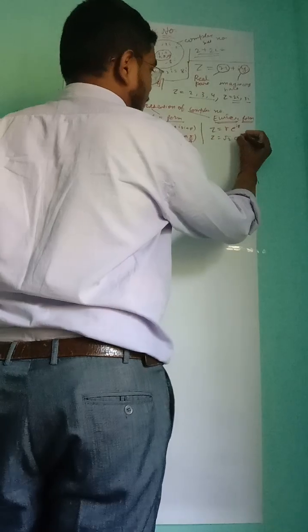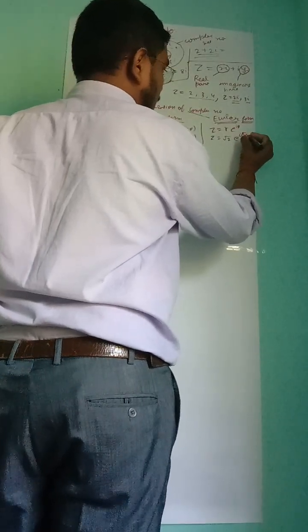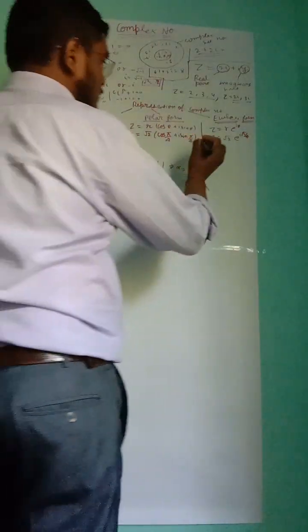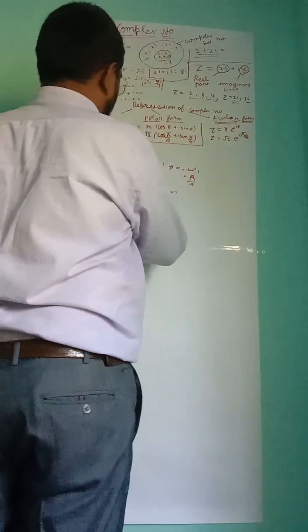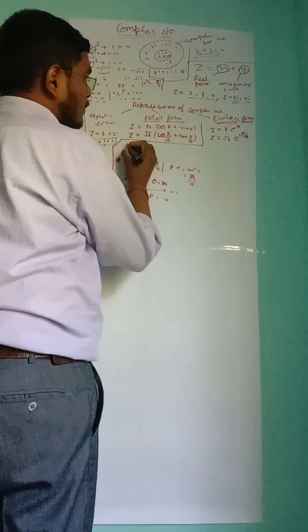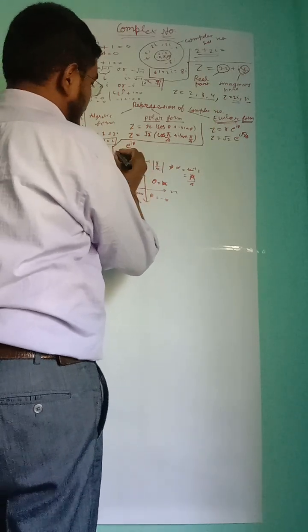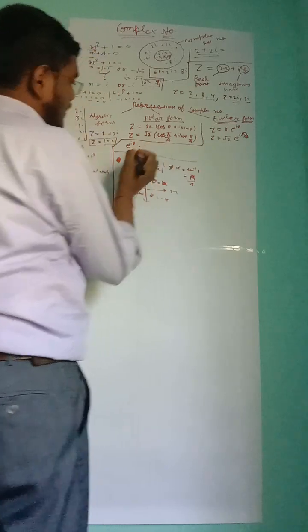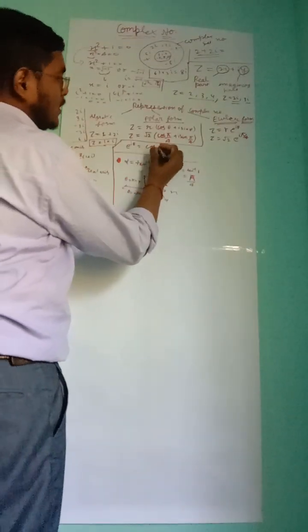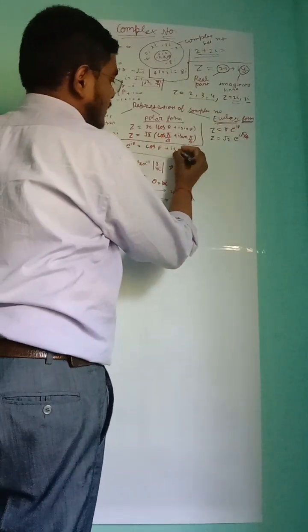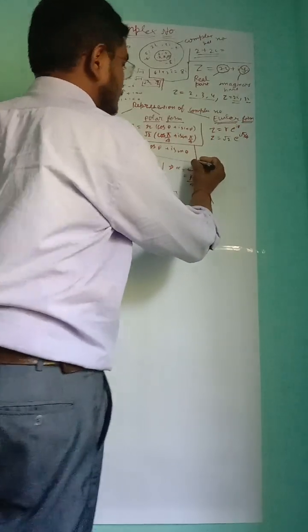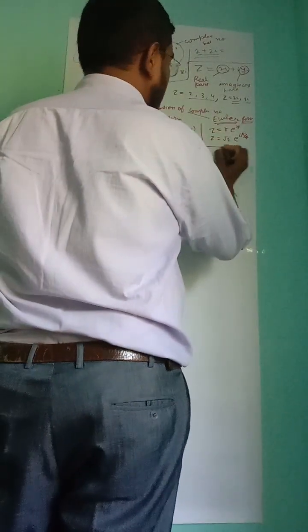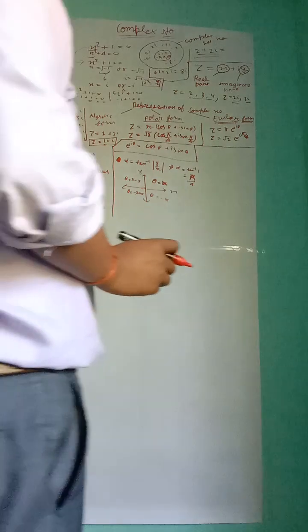My theta is pi by 4 here. Here e to the power i theta is nothing but cos theta plus i sin theta. These are the three ways of representing any complex number.